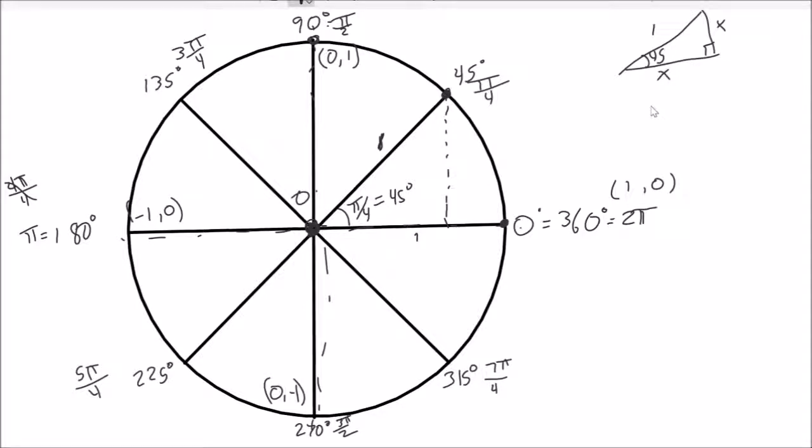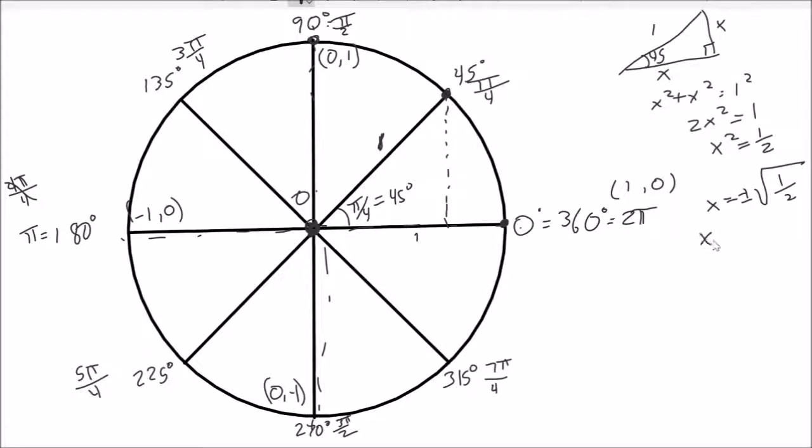So now I can use the Pythagorean equation. x squared plus x squared equals 1 squared, which is pretty easy to simplify down to 2x squared equals 1. Let's divide by 2, so x squared equals 1/2, and then we're going to need to take a square root of both sides. So x equals plus or minus the square root of 1/2. Now, functionally there's nothing wrong with leaving it as this, but what we're going to do, we're going to simplify that radical.